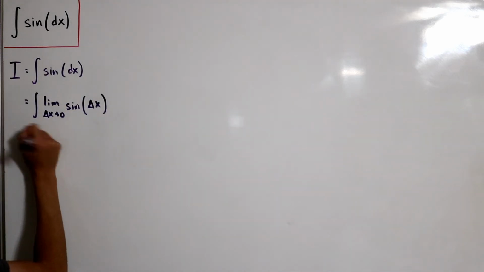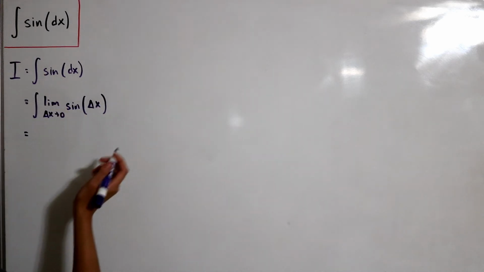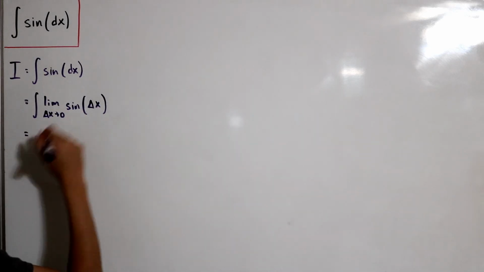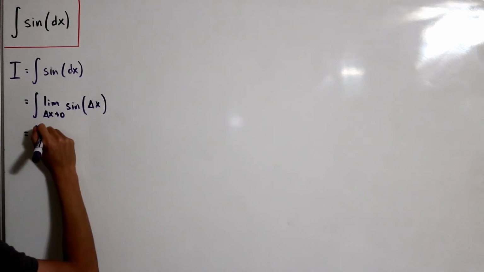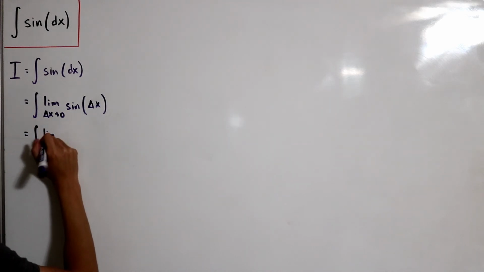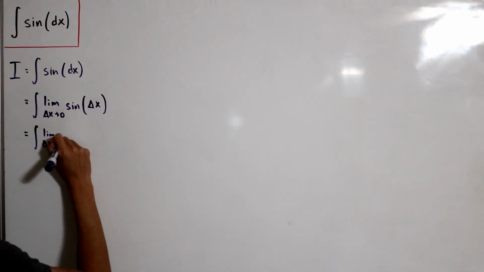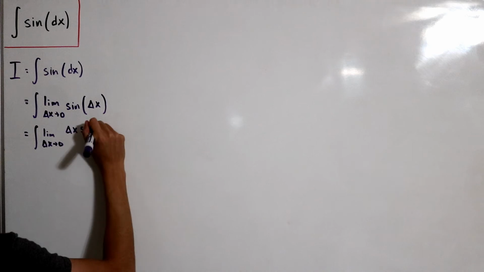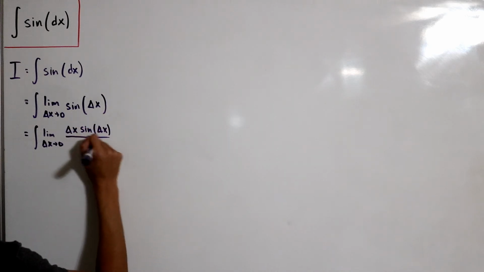Now over here, what I can do is multiply and divide by delta x, which is still equal to 1, so nothing is really being changed. Really, we're just fixing the identity of the expression. So that means we have delta x times sine of delta x, divided by delta x.